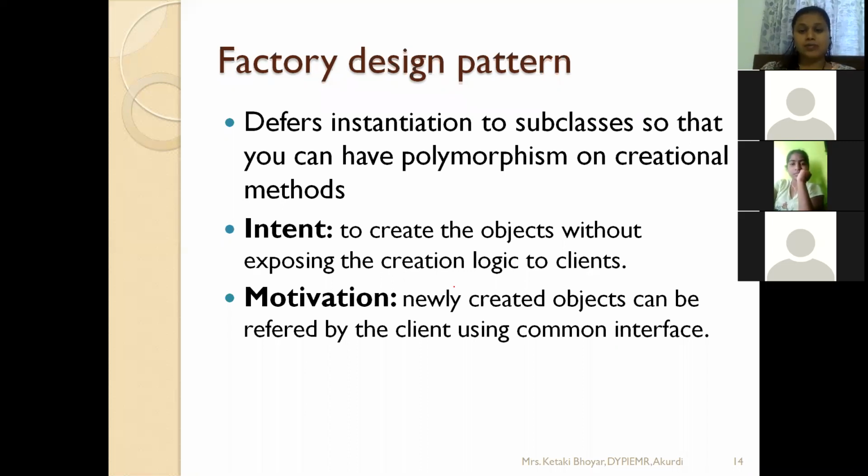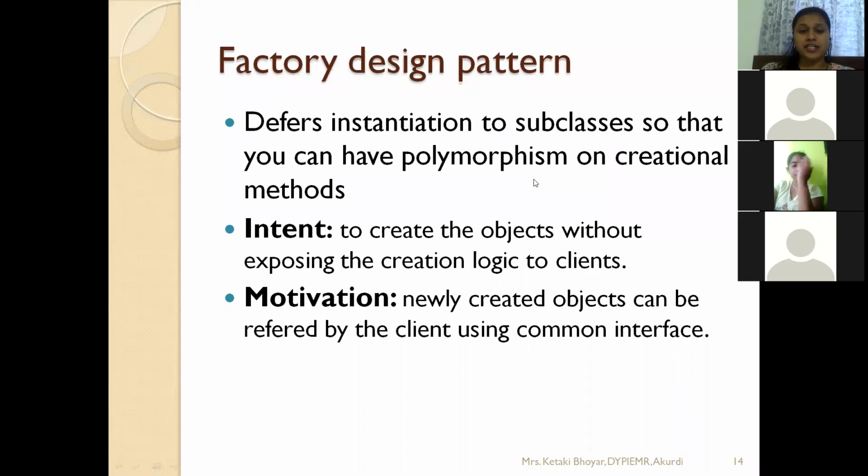Polymorphism, you all know, means we are creating a main class, and then we are creating multiple subclasses from the main class. All the subclasses inherit the properties of the main class. The main class is also known as the parent class, while subclasses are also known as the child classes, which inherit their properties.